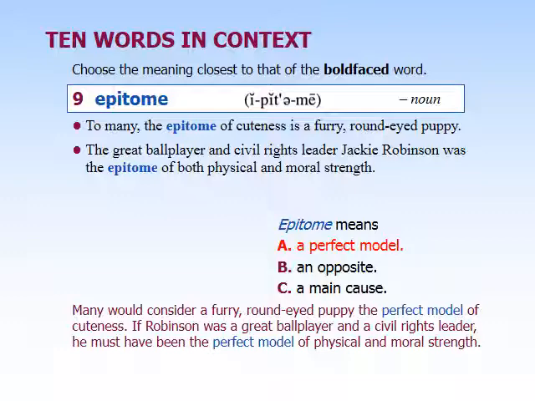So it's saying for a lot of people, a little puppy, a little dog, right, perfectly defines the word cuteness, right? In the second one, Jackie Robinson, there was a movie out recently, I think it was called 42. Jackie Robinson was the first African American or black baseball player to play in the major leagues, the MLB. He was a great player.